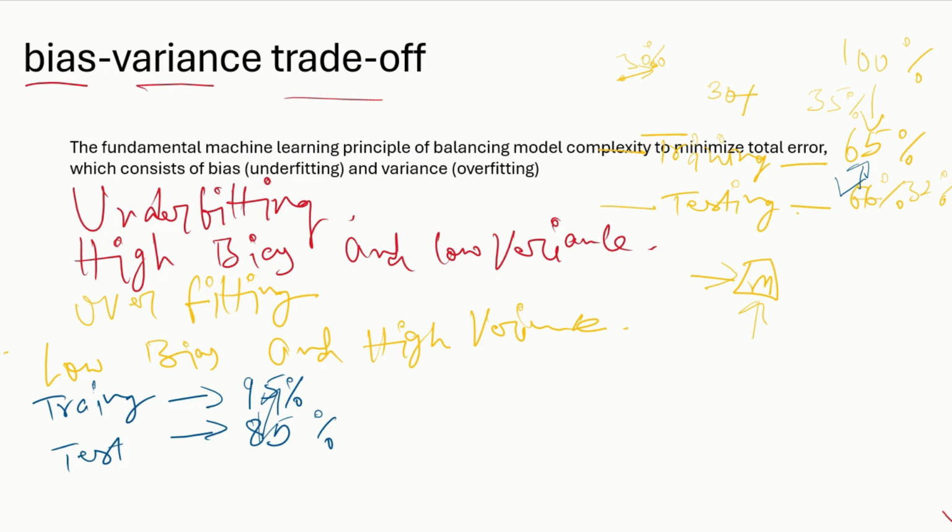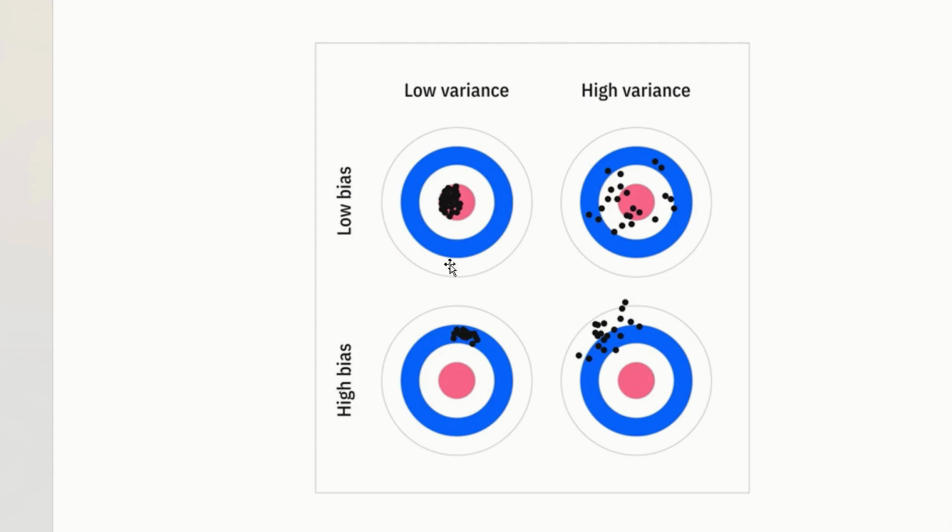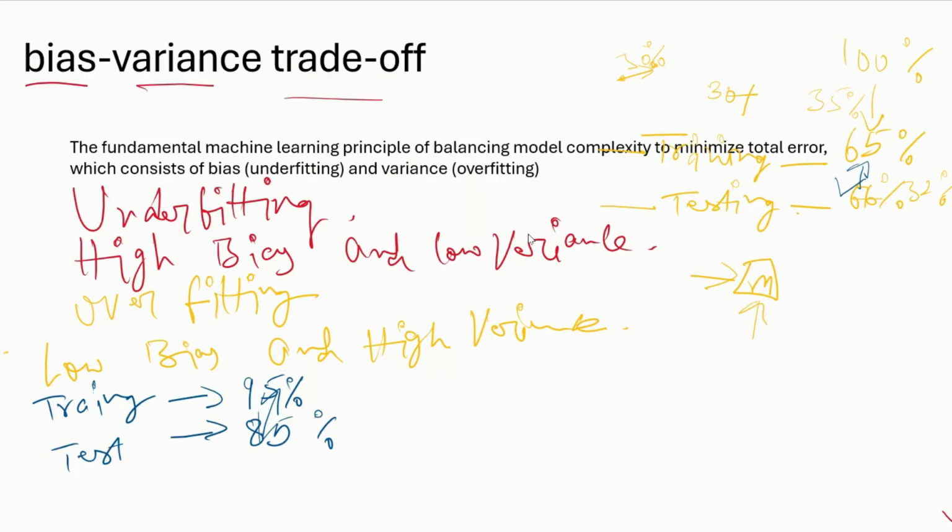I hope you understood clearly; I have tried to explain training and testing data. Here you can clearly see we have low variance, low bias, high variance and high bias. So what is underfitting? Underfitting is nothing but high bias and low variance.